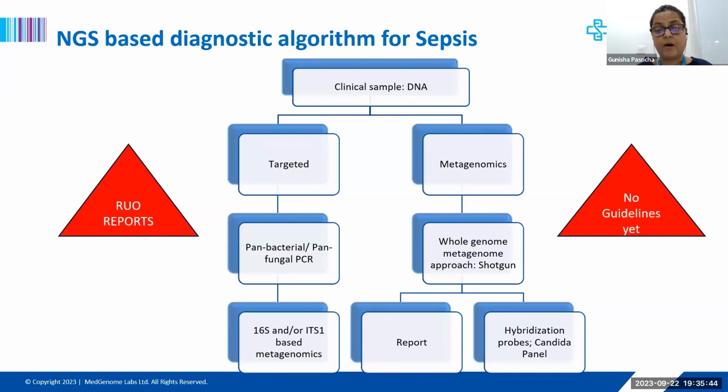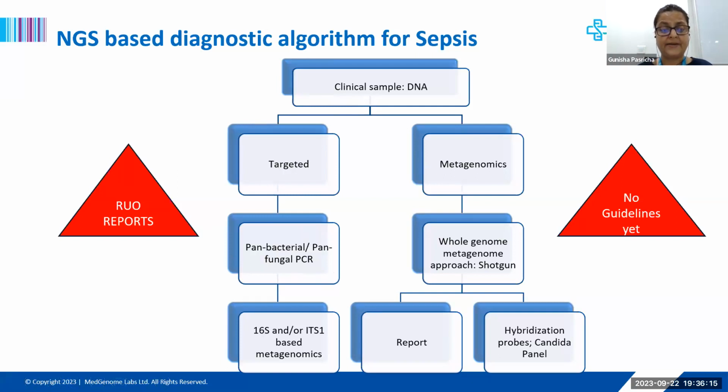This is very popular among clinicians. Day by day we see a multifold increase in the interest of doctors, because none of the other diagnostic modalities give them answers, so they are leaning towards this approach, which we offer for now. Since I mentioned targeted, amplicon-based, and metagenomics, the algorithm is that we extract the DNA.